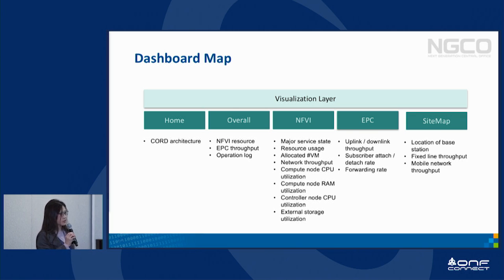NFVI, this page is used to display the NFVI statistics, including the CPU utilization, memory utilization, and network throughput, something like that, and also the system errors, faults, any information are displayed here.